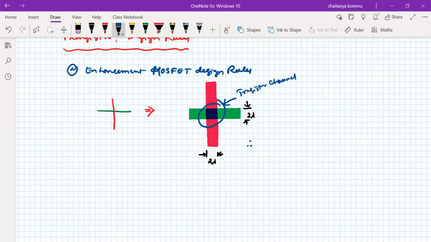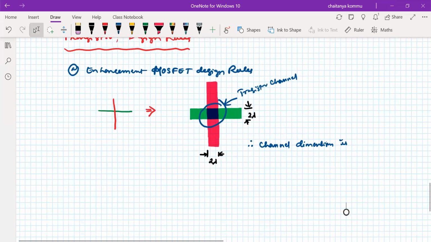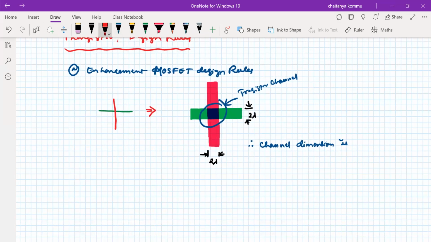The channel dimension is 2 lambda by 2 lambda. Here is 2 lambda, and here is another 2 lambda.